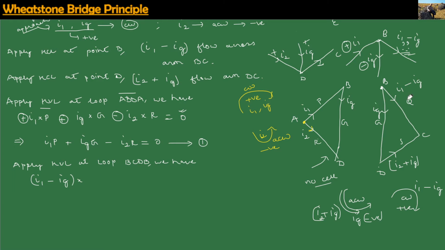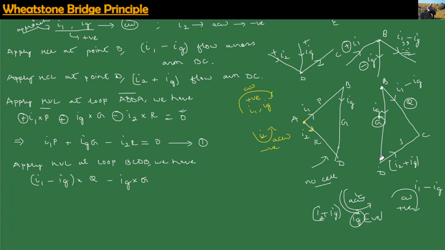Multiply this current with this resistance, since current into resistance is voltage drop. Then next, along this branch BD, with respect to point B, this IG will be anti-clockwise, so it will be taken as negative. IG, the current IG. What is the resistance on this branch BD? The galvanometer G, so you have to write capital G.